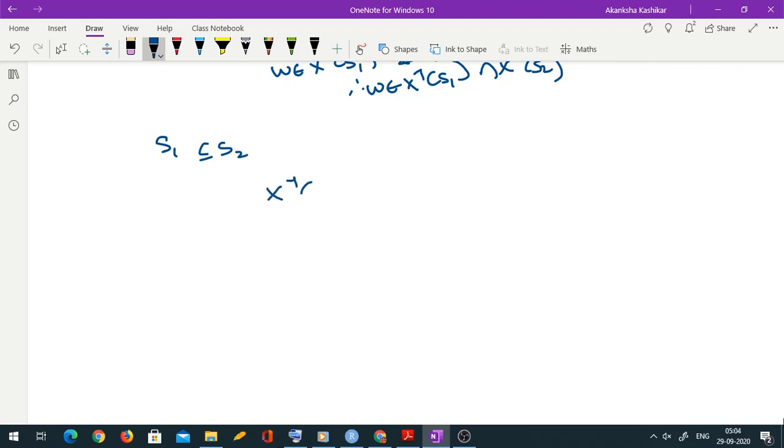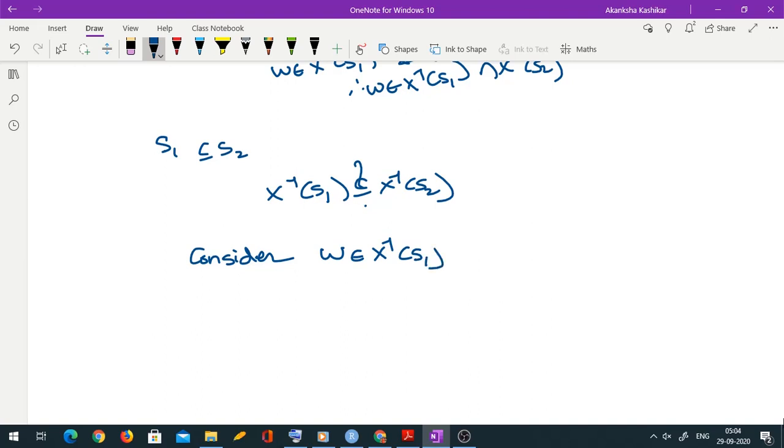So I want to prove x inverse S1 is a subset of x inverse S2. Okay, this is what I want to prove. So now again consider what we want to prove. Consider omega belonging to x inverse S1. If we can prove that it belongs to x inverse S2 also, then we are done. In fact, in this proof we have to do only one way, not the other way.